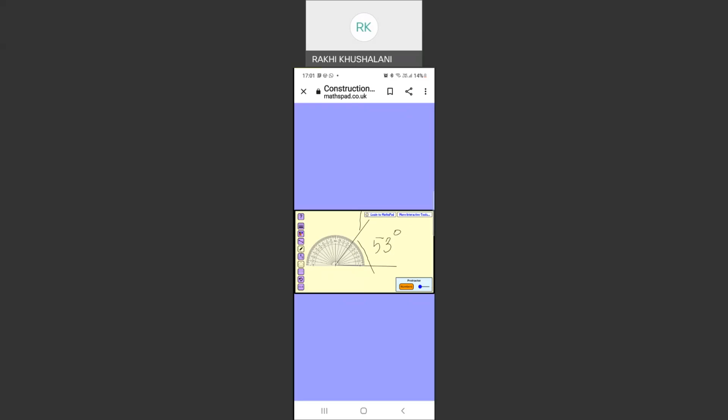So between the two major units, that is 0 to 10, 10 to 20, 10 lines are given which stands for the next tens. So here I can see it is 53 degrees.